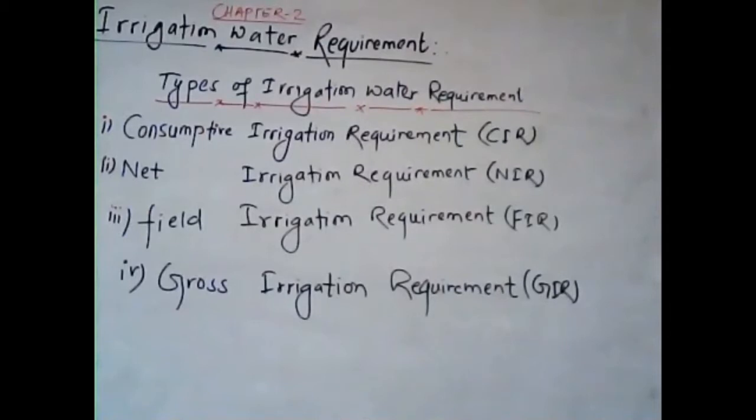Now the next topic is the different types of irrigation water requirements. We have different water requirements for the irrigation field on the basis of how we are using the irrigation field, what losses are taking place on the field, what losses are taking place in the canal, and what method of irrigation is currently used in the field.